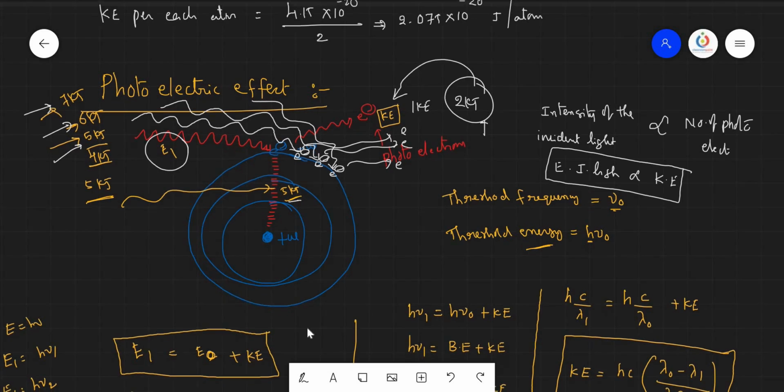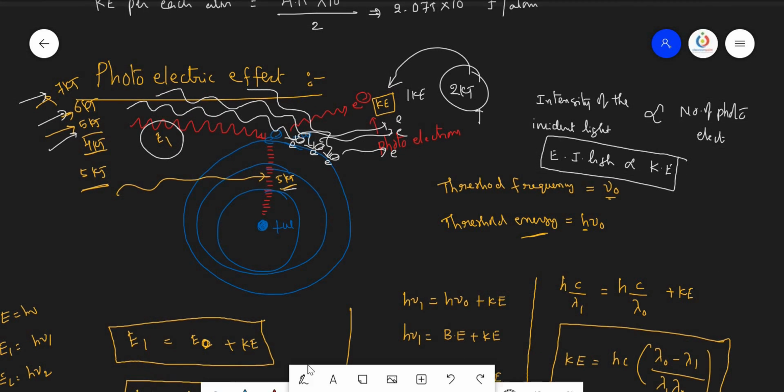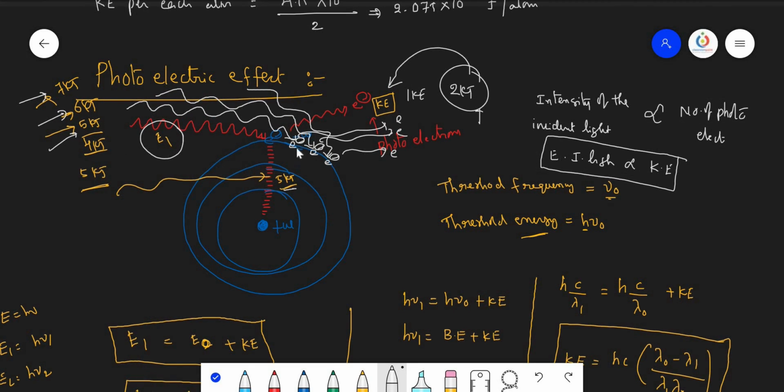The other related information regarding the photoelectric effect is, as I said just now, that a minimum frequency is required to remove the electron. That is called the threshold frequency. If you send light that is not able to give this minimum frequency, then we cannot see the photoelectric effect.